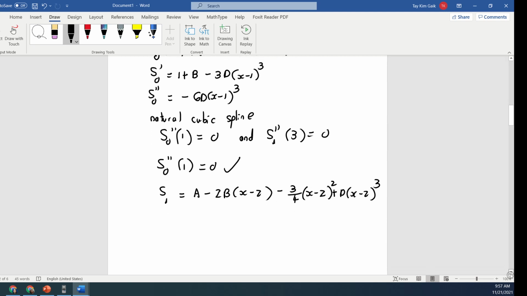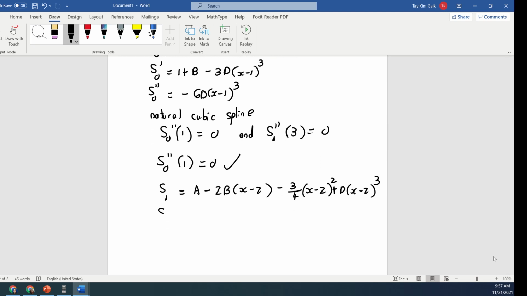For the first derivative, the constant differentiates to 0, negative 2b times (x minus 2) gives negative 2b, the squared term gives 2 times 3 over 4 with the power reduced by 1, and the last term gives 3d(x minus 2) squared.